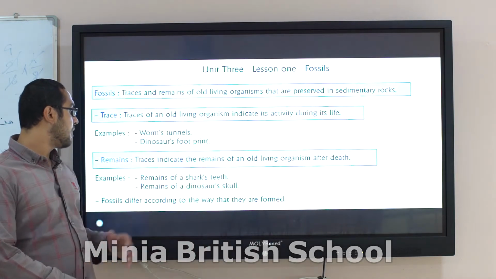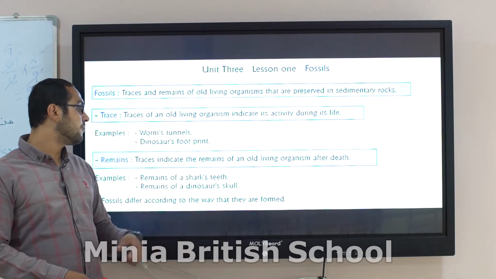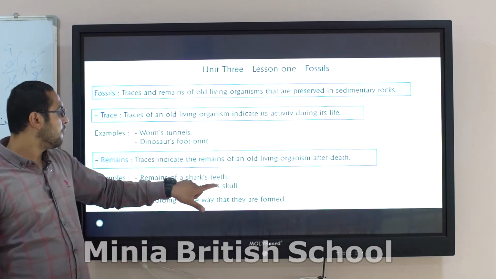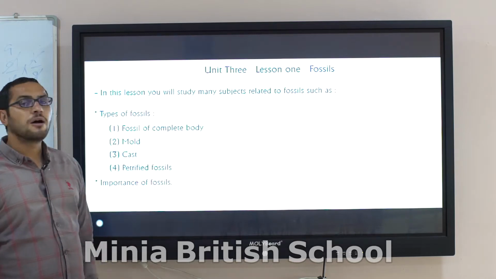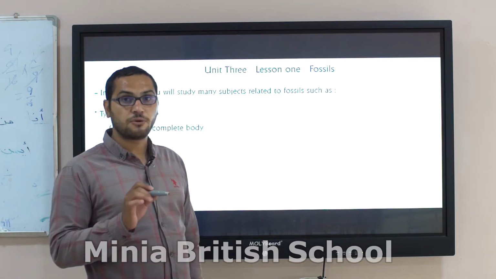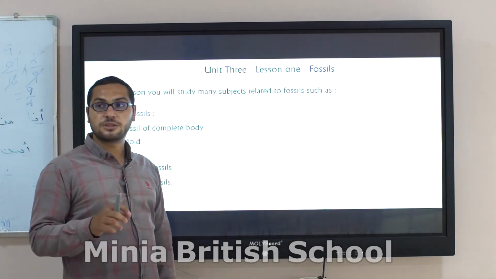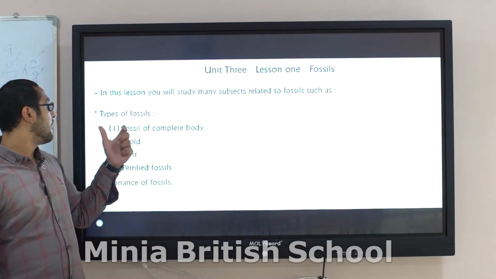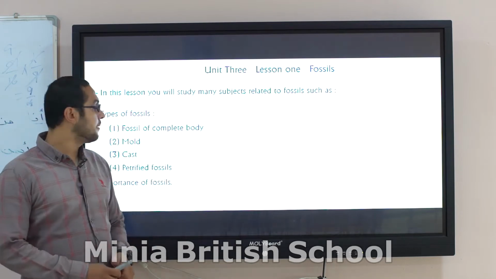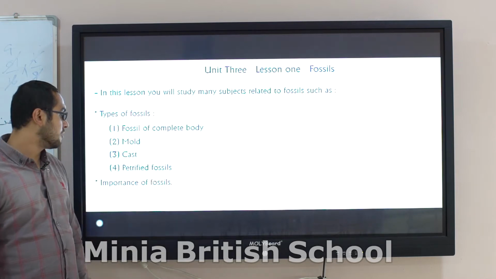For example, remains of sharks' teeth, remains of dinosaurs' skulls. Here, fossils are classified according to the way of formation into several types. The first one, fossil of complete body, then mold, cast, and petrified fossils.